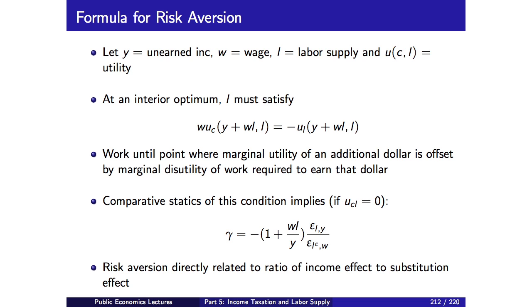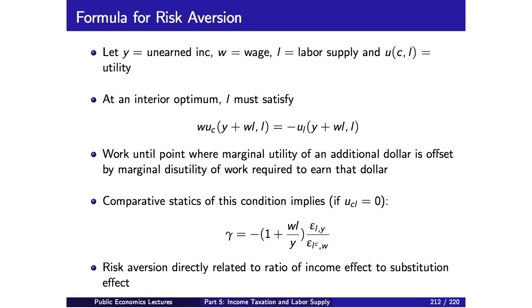You can implicitly differentiate this equation with respect to Y and with respect to W to get what those 2 derivatives look like. You do some algebra, and you end up getting an equation that looks like this, which is a formula that connects the labor supply elasticities that you're able to estimate in the data that we've talked a lot about, income effect and substitution effect, directly to the curvature parameter that you're interested in.